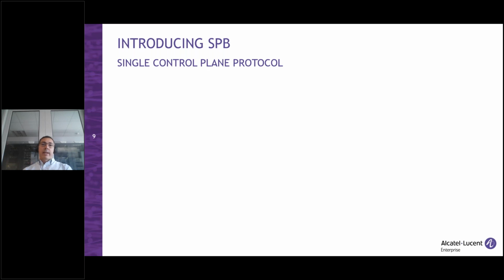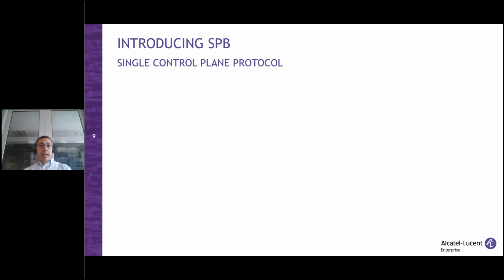Having services that are only defined at the edge and not on core nodes drastically simplifies the deployment and maintenance of VPN services compared to other approaches such as pure VRF Lite, which require configuration on all intermediate nodes. But on top of that, the SPB control plane is beautifully simple as it relies on a single control plane protocol and not a stack of protocols.